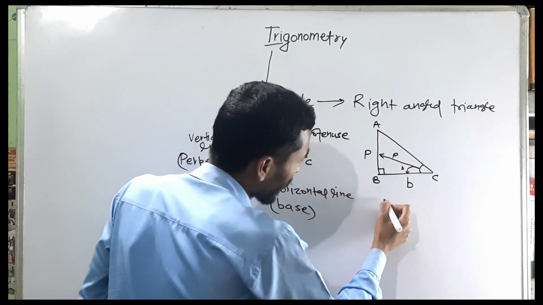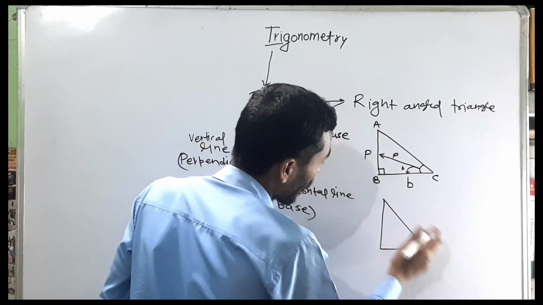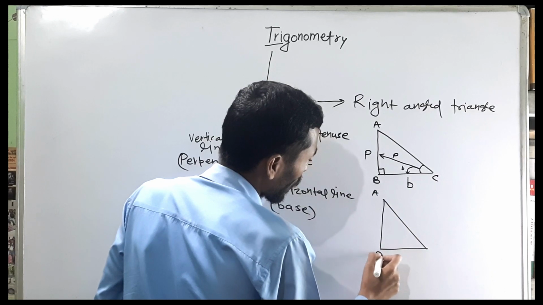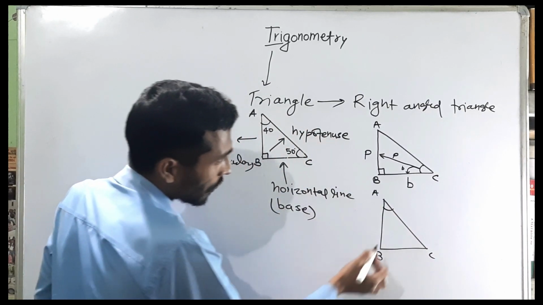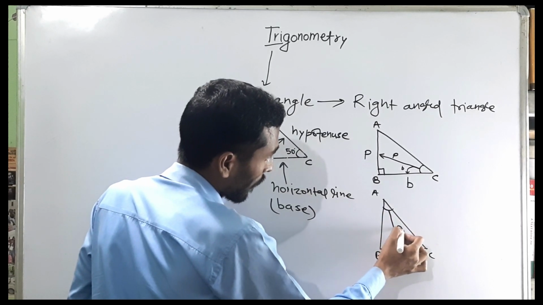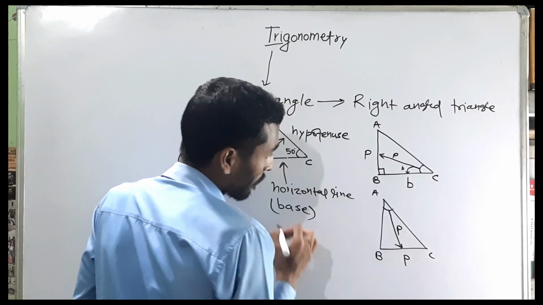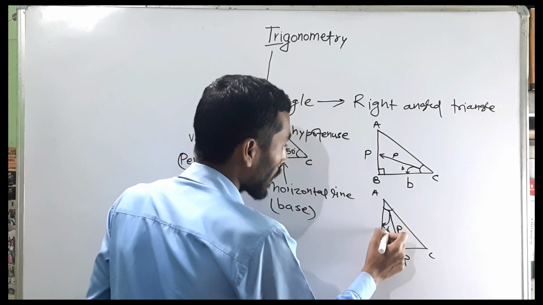At another moment, when we are talking about angle A, then of course the side opposite to angle A will be P, that is perpendicular, and the side adjacent to A will be base.